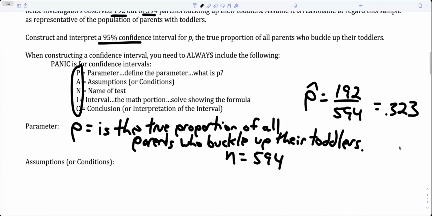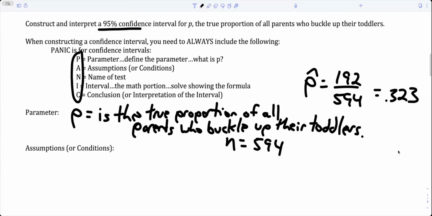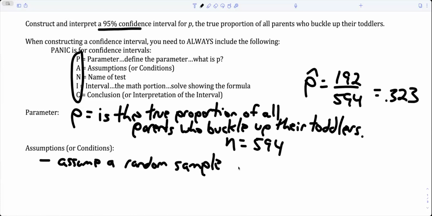Next we have the assumptions, which we looked at above. So you need to write these down. We are going to assume a random sample of shopping parents and toddlers.